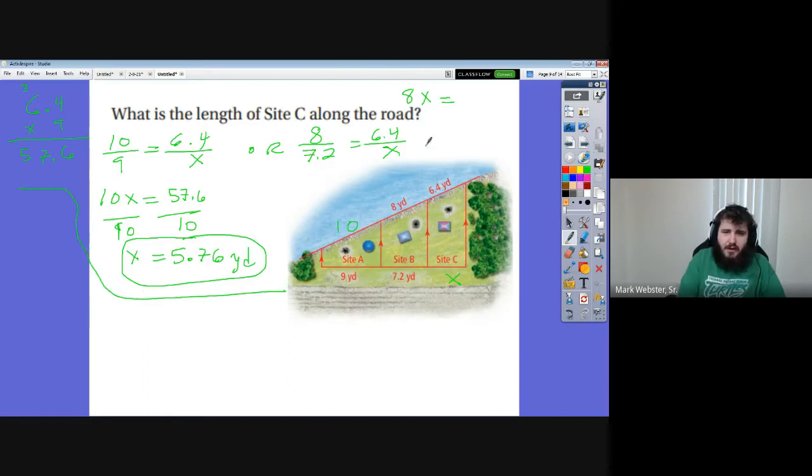Let's do the calculation. 6.4 times 7.2. 8, 28, carry the 0, 12, 6 times 7 is 42, plus 1 is 43.